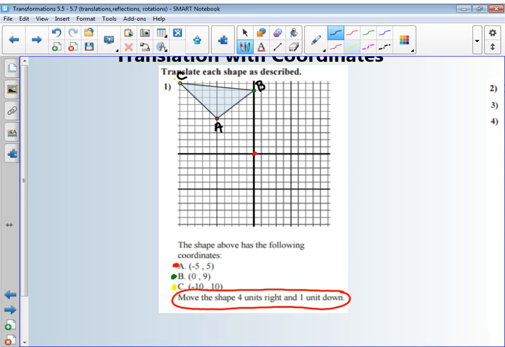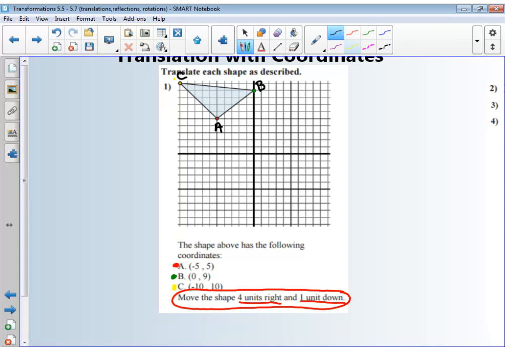So when we translate, we're going to pick one of our points. It does not matter which point we choose to work with first, and we're going to follow those steps that are stated right here. So I need to pick a point and go 4 units to the right and 1 unit down and put my new point. I'm going to count with my black marker, and then I'm going to mark with the color that is indicated on my sheet.